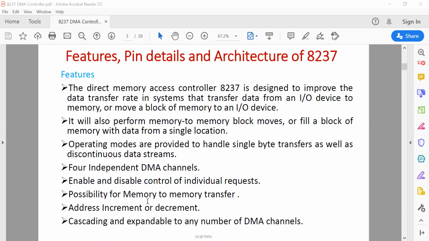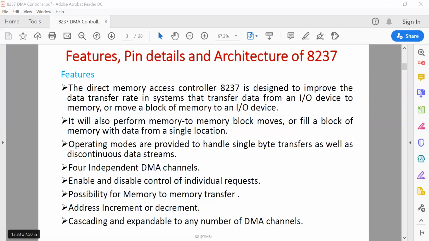It has the address increment or decrement or latch operation according to your requirement, because not all the time you need to increment your memory location to transfer the data bytes. Maybe you need to decrement your memory location also and transfer the data byte from one position of the memory to the IO device.